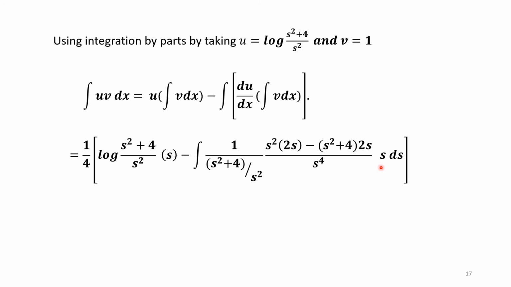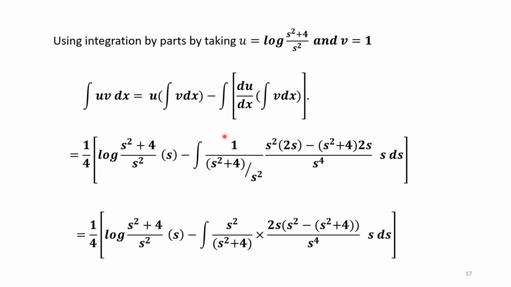So this part is already done. Now we have to simplify this. So open the bracket, cancel out the common term. This s square will go to the numerator, s square upon s square plus 4. So here 2s is common, so I've taken 2s common: s square minus (s square plus 4), and this s remains as it is.